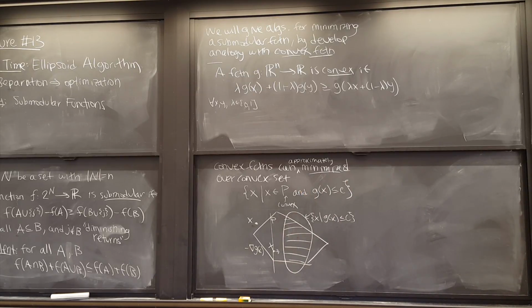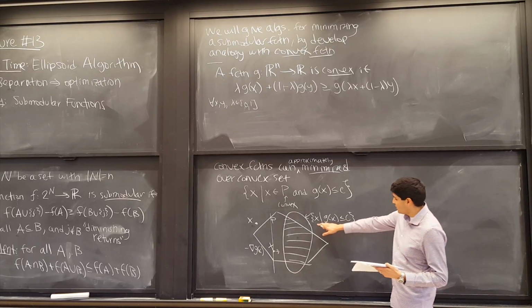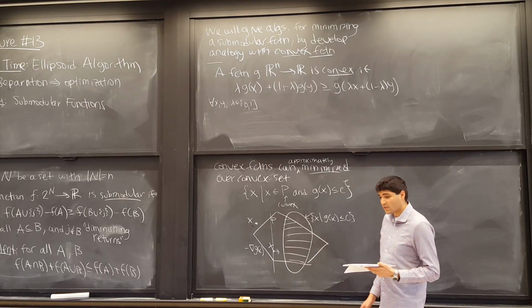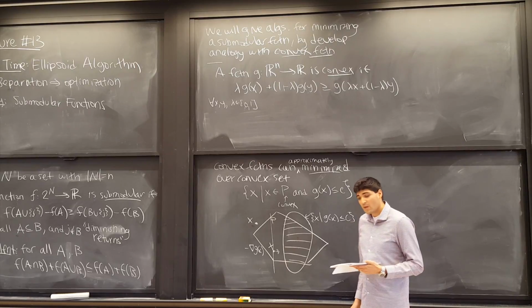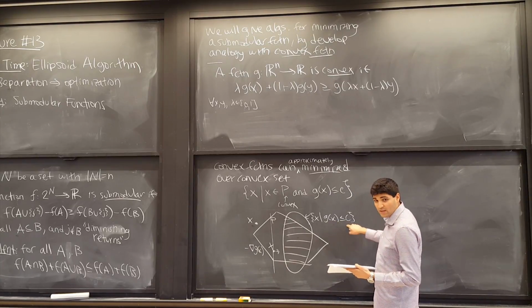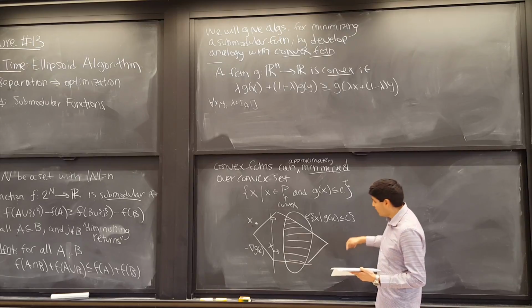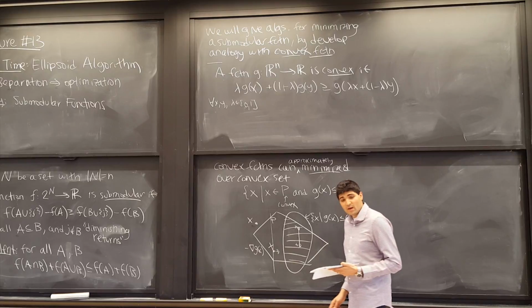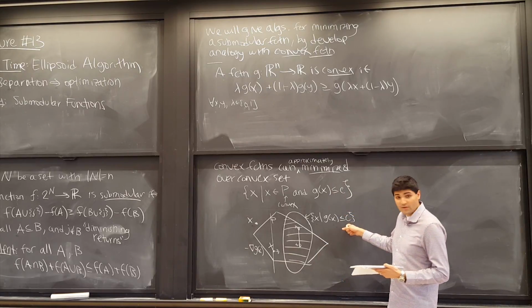Quick question. So g of x is the objective, so it's simply a vector or direction, right? So how would it be a convex region? Wouldn't it just be a hyperplane? This set x, where g of x is at most c, I claim that that's a convex set because if I took any 2 points x and y, whose value g of x is at most c and g of y is at most c, and then I take those 2 points x and y and average them, that I actually do get something whose objective value is also at most c.